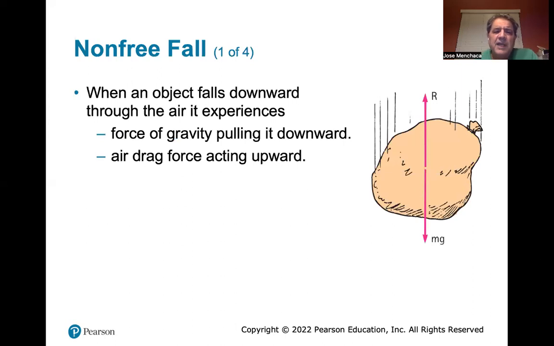When an object falls downward through air, it experiences a force of gravity pulling it downward, and an air drag force acting upward.